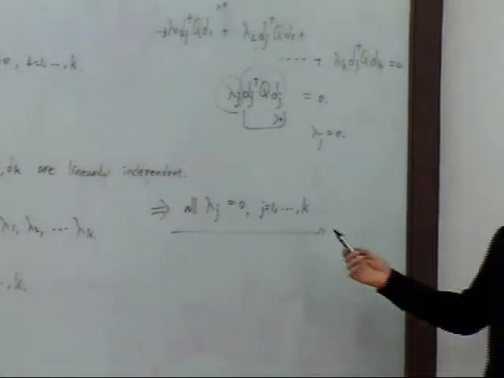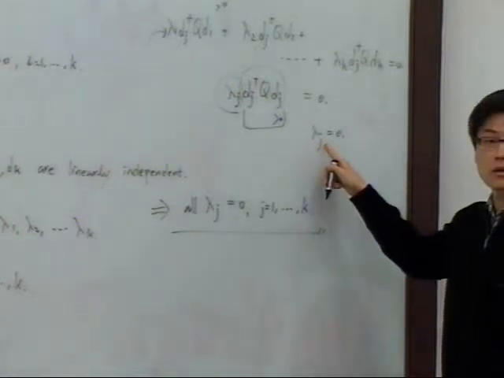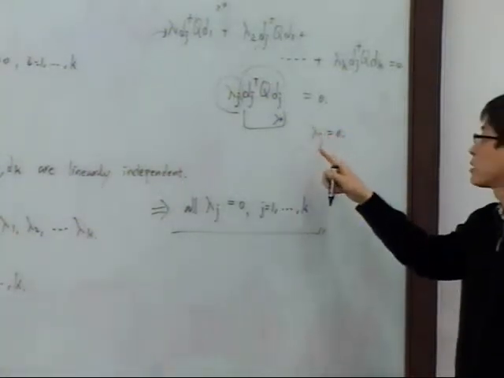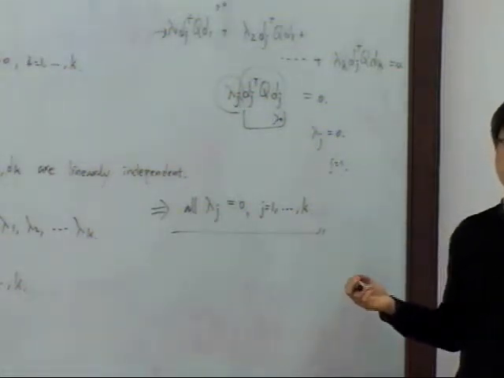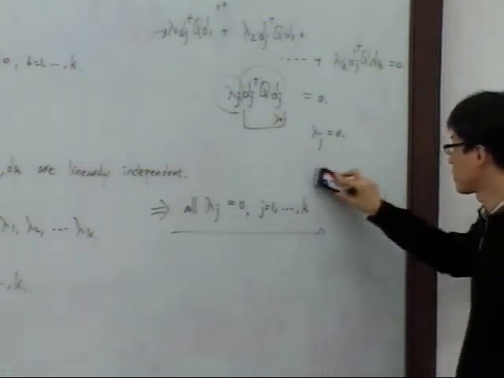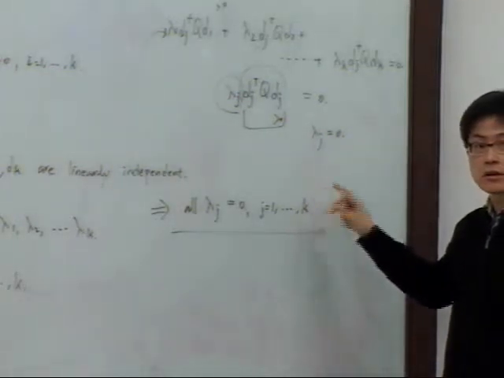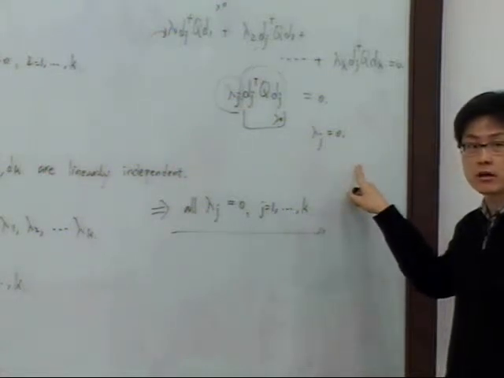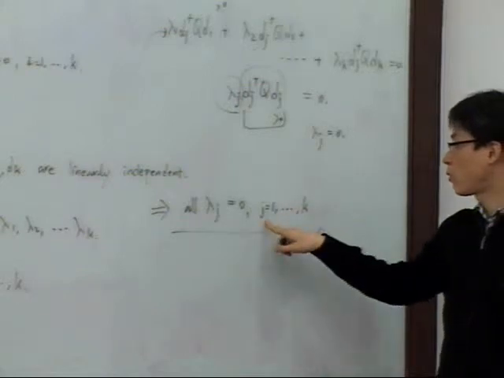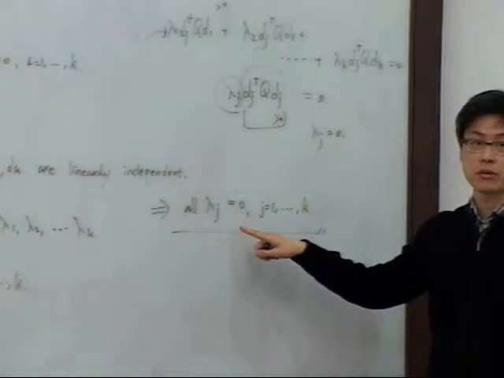Why? Because if we take J is 1, then from this one we can say that lambda 1 is 0. We can put any J out of 1 to K, right? So for all J, lambda J is equal to 0.